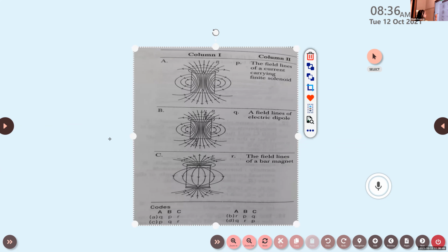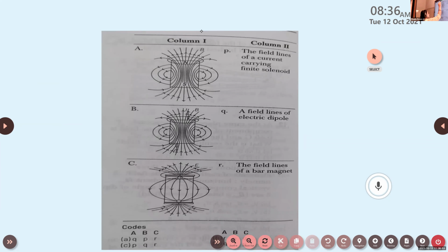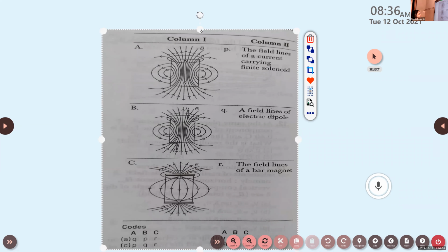Match the following. This is the representation of magnetic field lines around a particular magnet. Here you can see the field lines of a current carrying finite solenoid, field lines of an electric dipole, and the field lines of a bar magnet.